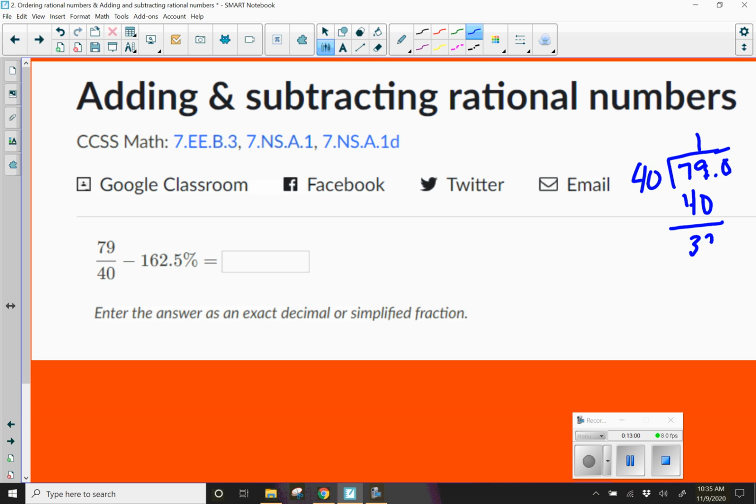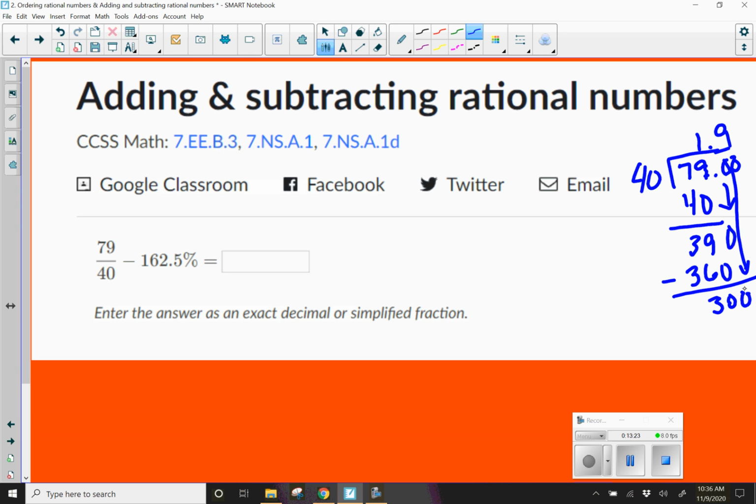We get a remainder of 39. Bring the 0 down. 40 goes into 390 9 times. That gives me 360. We get a remainder of 30. Bring another 0 down.